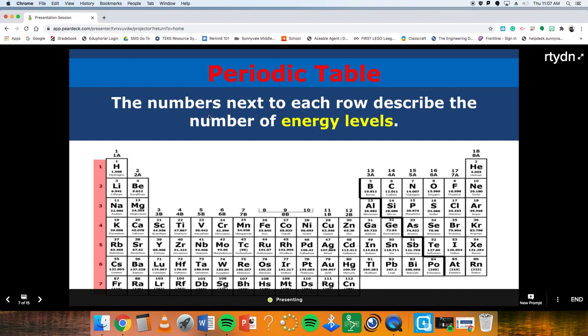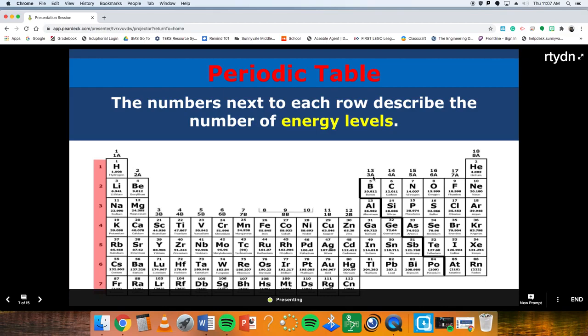So the groups go up and down. They're how reactivity is determined. We have group 1, group 2, group 3, 4, group 5, 6, 7, and 8.